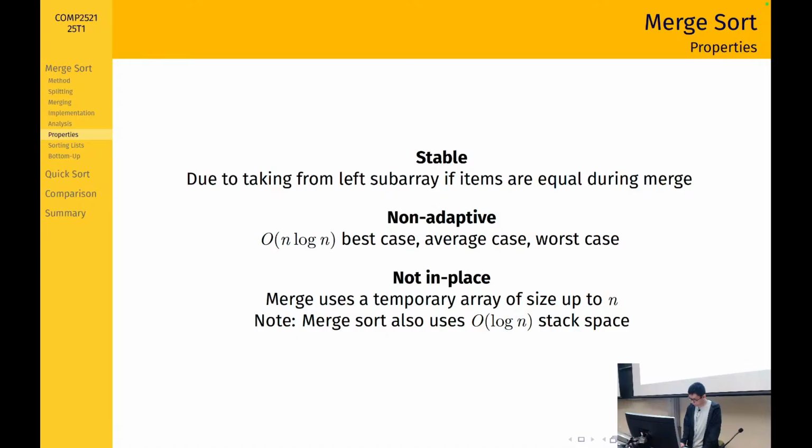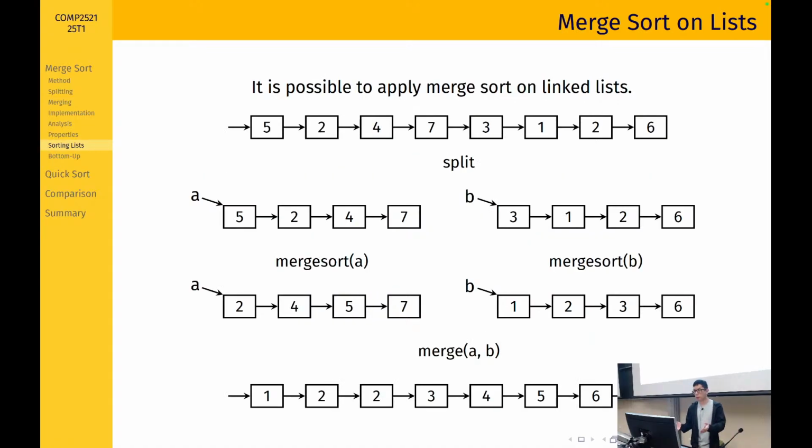Okay, and then we can also talk about merge sorting linked lists, right? So how it works is quite similar to how it works on arrays, right? We first split the list into two halves, like two roughly equally sized halves. Then we recursively merge sort both linked lists. And then we merge the two sorted lists back together.